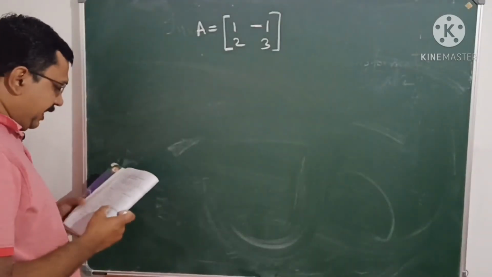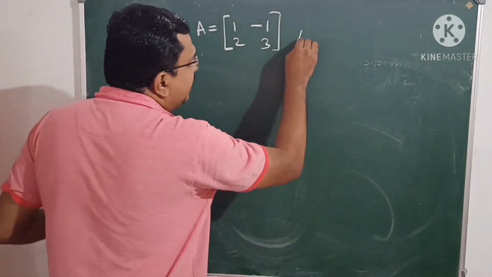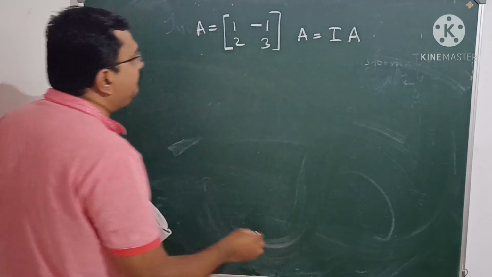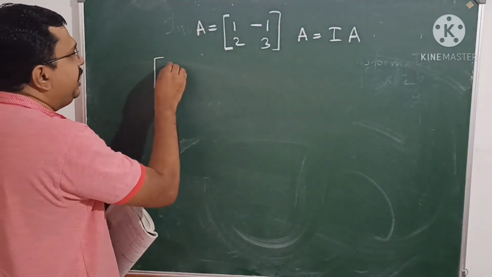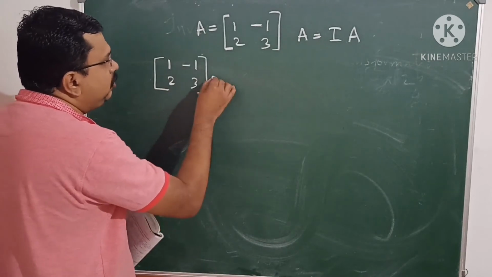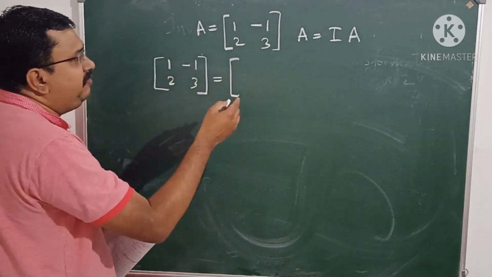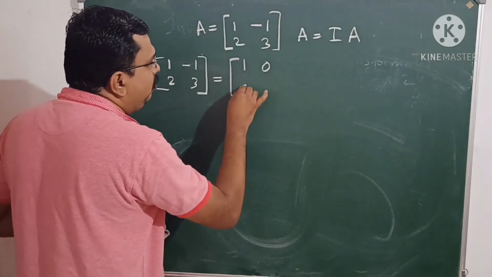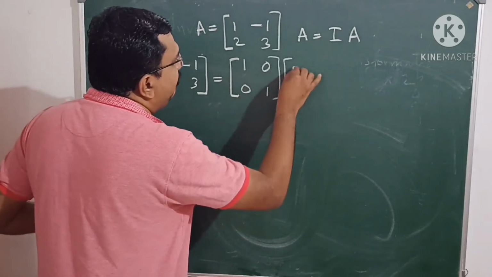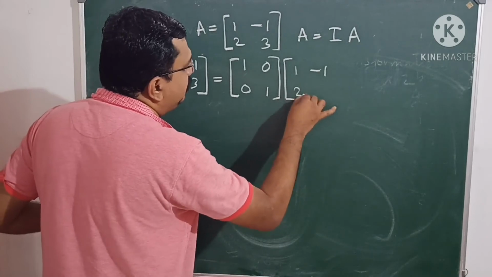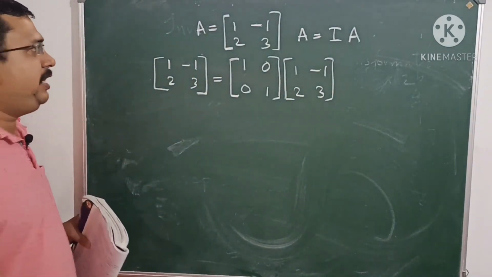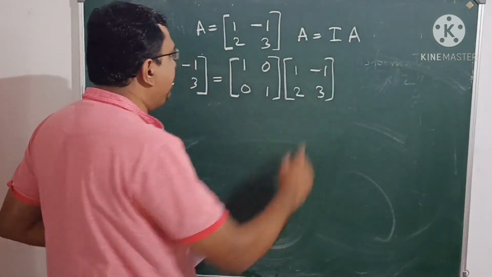This can be written as A equal to I into A. Therefore, our first step is [1, -1; 2, 3] equal to I into A. What is I? [1, 0; 0, 1] into A. A is [1, -1; 2, 3]. First step is A equal to I into A.